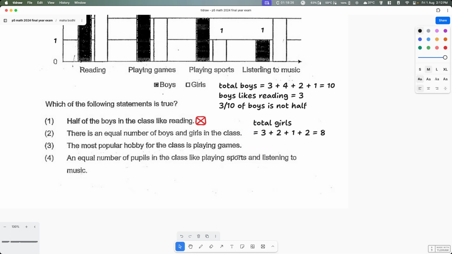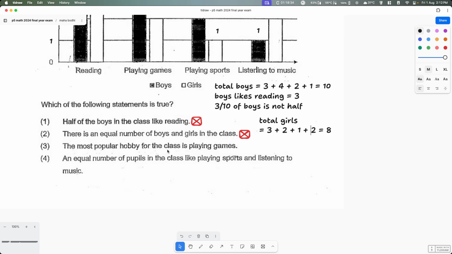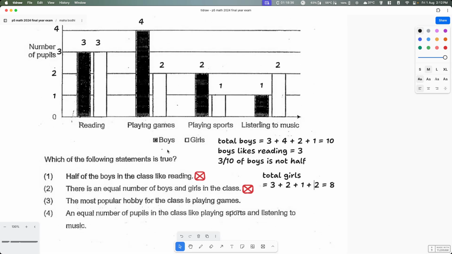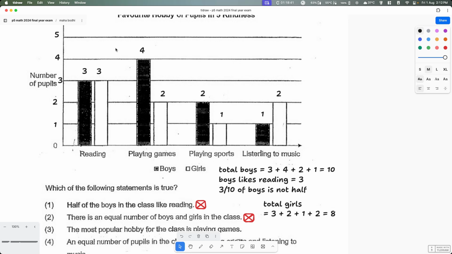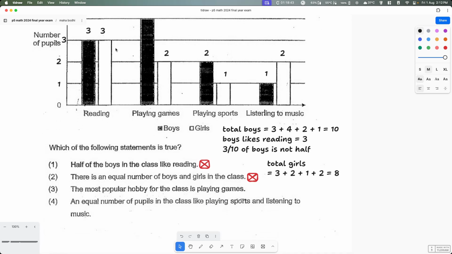Okay, so nope as well. Total girls, right? Girls is not, right? The most popular hobby for the class is playing games, right? So games total is 6, but reading is also 6.